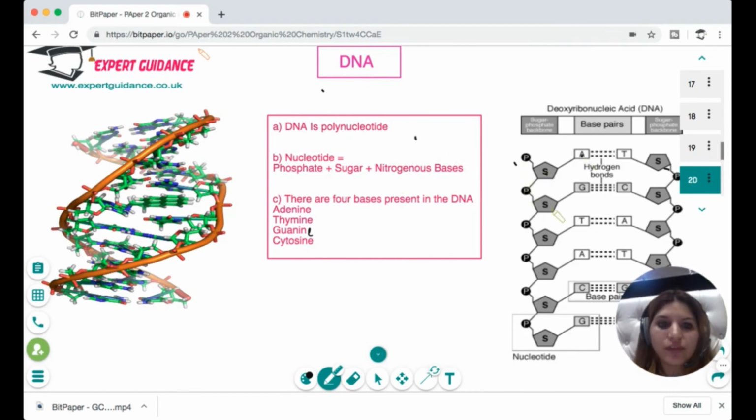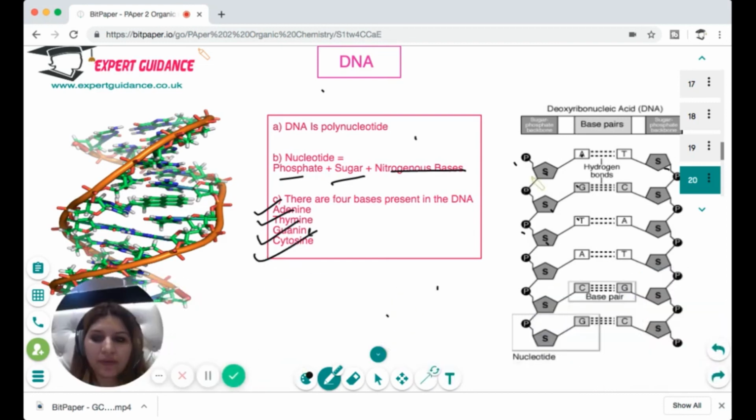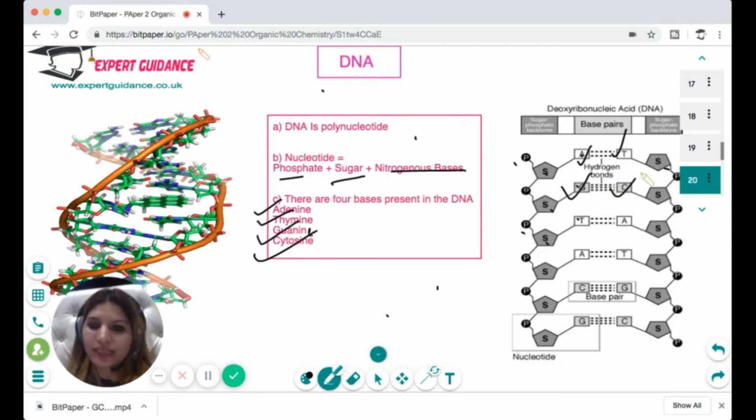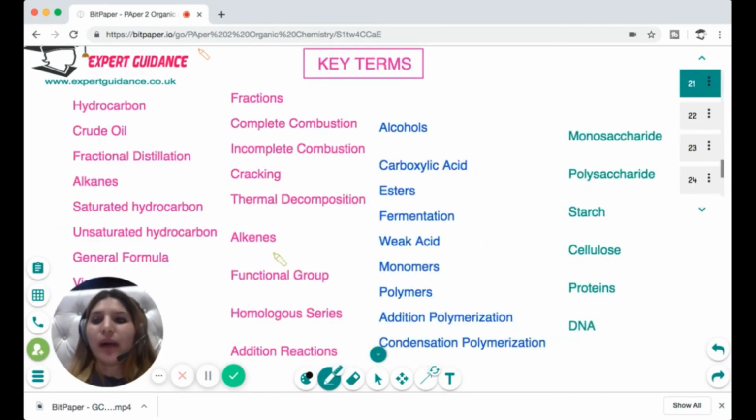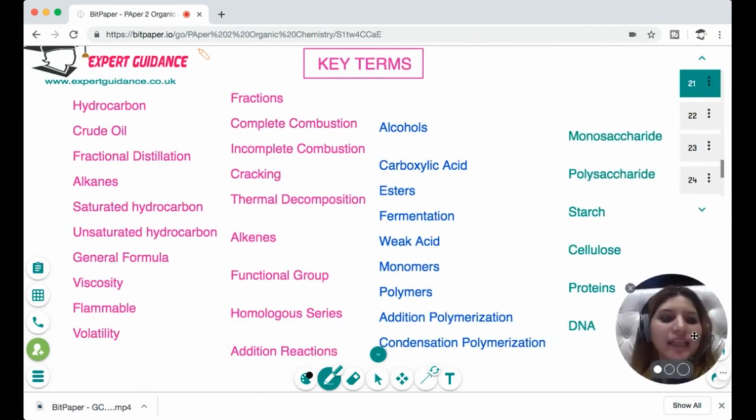So you can see phosphate, sugar, base, phosphate, sugar, base is repeated. In DNA, the sugar is deoxyribose. The nitrogenous bases are adenine, thymine, guanine, and cytosine, and they show the complementary base pairing principle. With adenine next to it is thymine, and with guanine next to it is cytosine. Okay, so I hope all this concept of organic chemistry is clear to you.